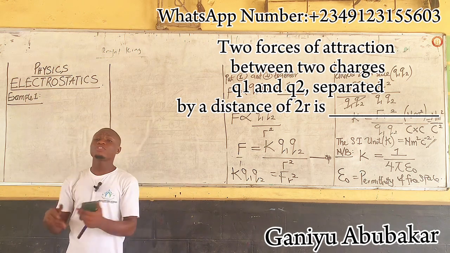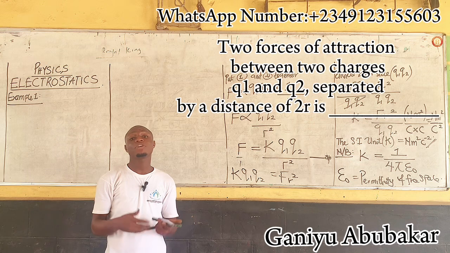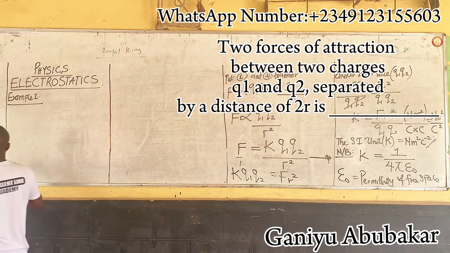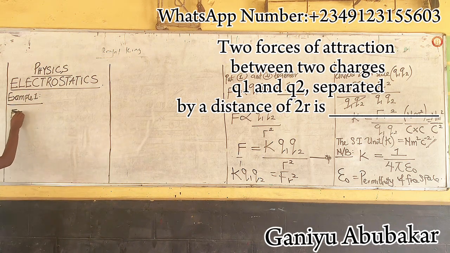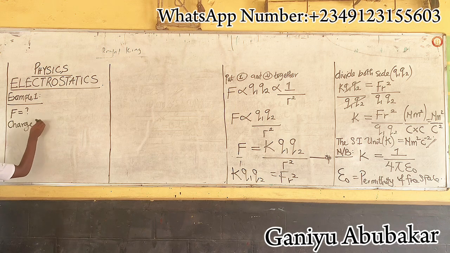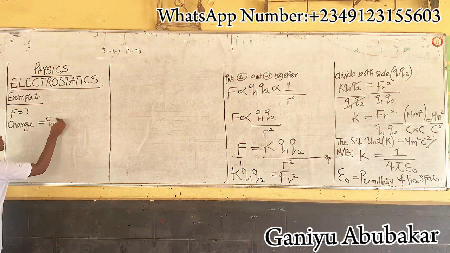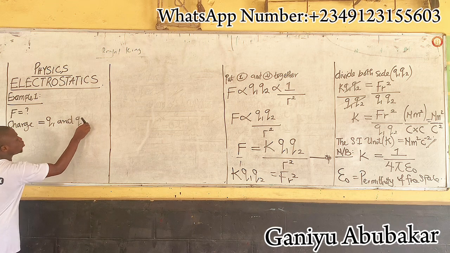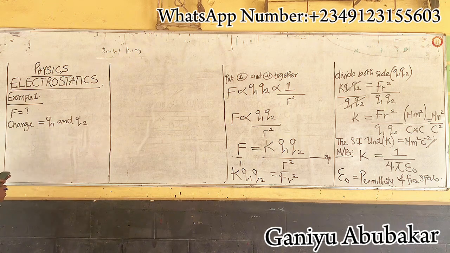So the force of attraction is what I'm looking for, so I'm looking for F. The charges are given as Q1 and Q2, separated by a distance. The distance here is not just r, but 2r.